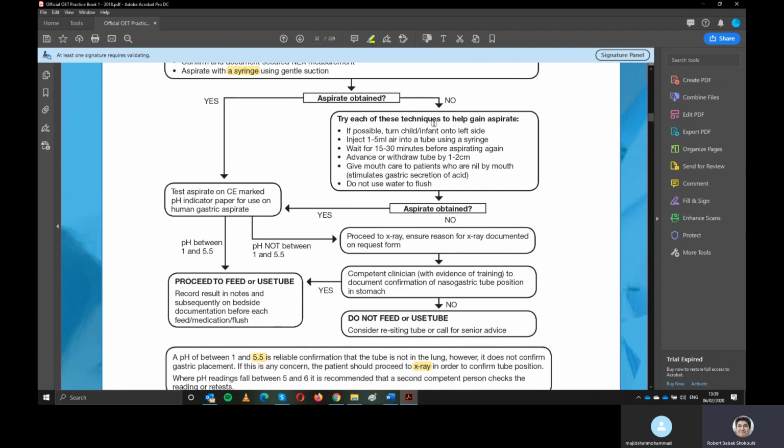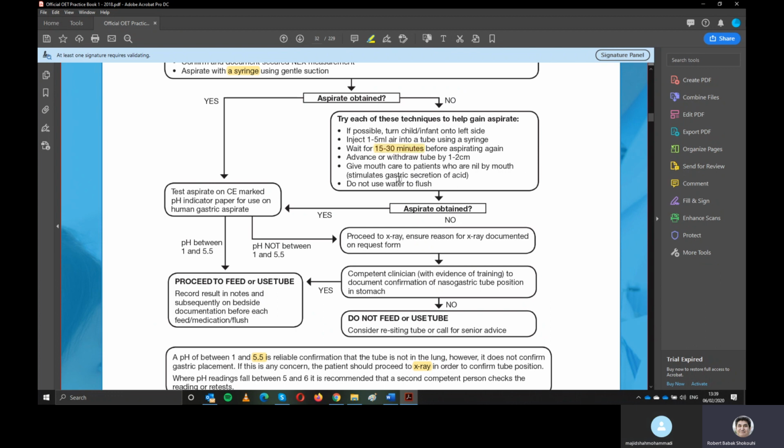If it fails, try each of these techniques to help gain aspirate. Turn the child onto the left side, inject 1 to 5 milliliters of air, wait for 15 to 30 minutes before aspirating again. So 15 to 30 minutes is the answer to that question.